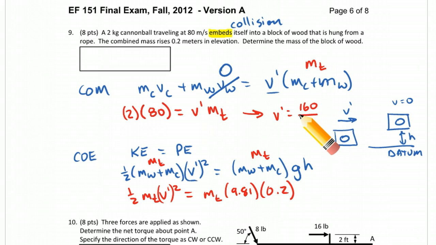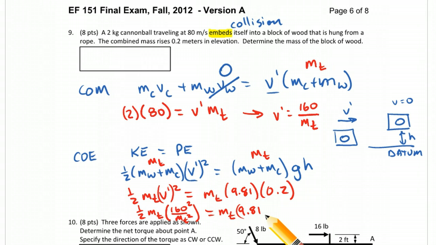It's 160 over MT. Okay. So then I've sort of run out of room, but I'll have 1/2 MT times 160 over MT, and we'll write that as squared, is equal to MT times 9.81 times 0.2.